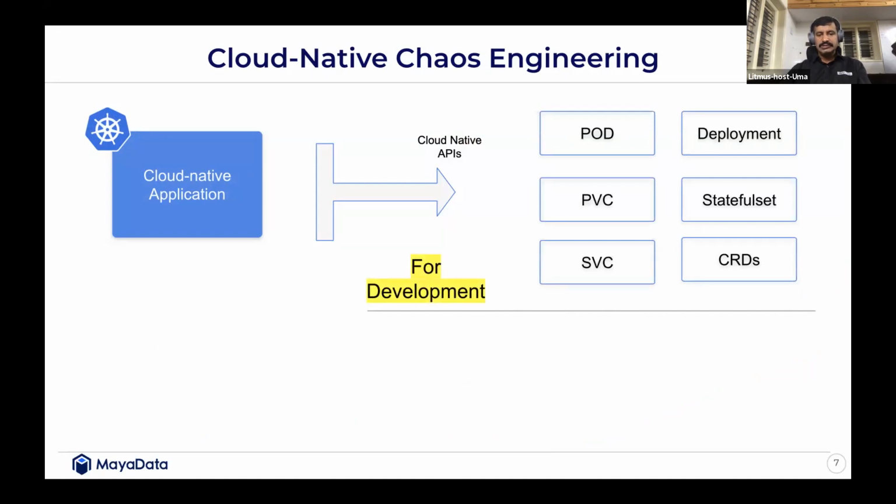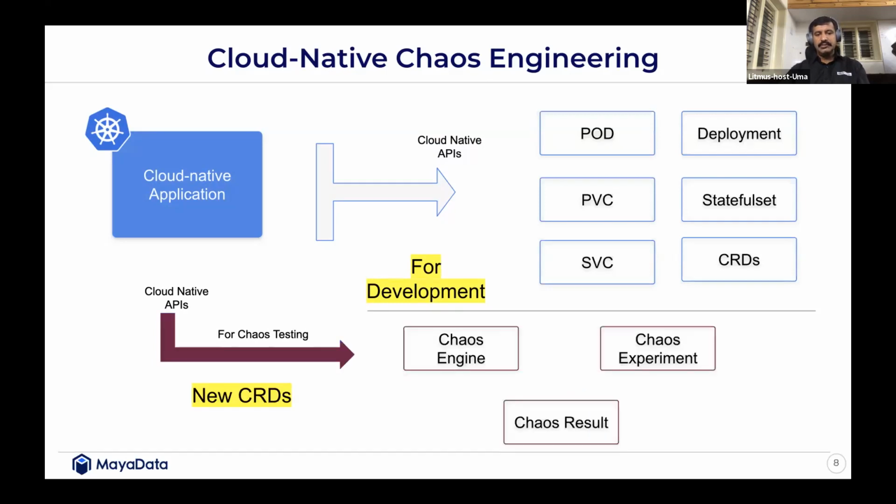And that's for development. And for chaos testing, you did not have any APIs before Litmus was born. With Litmus, you have 3 primary CRDs. It's Chaos Engine, the first one, and the second one is Chaos Experiment, and Chaos Results. Using these 3 CRDs, any developer can start practicing chaos engineering.